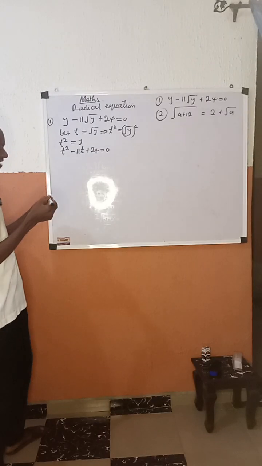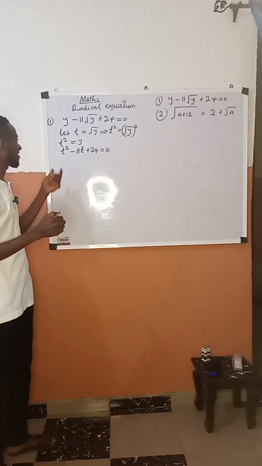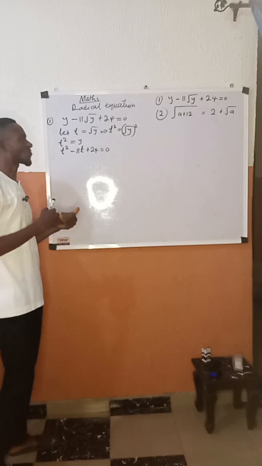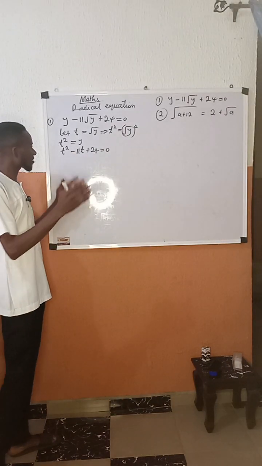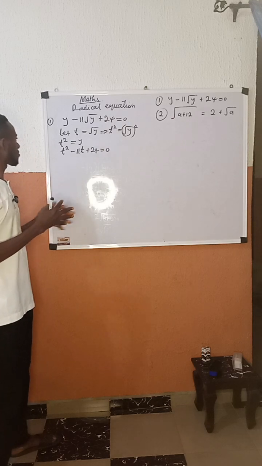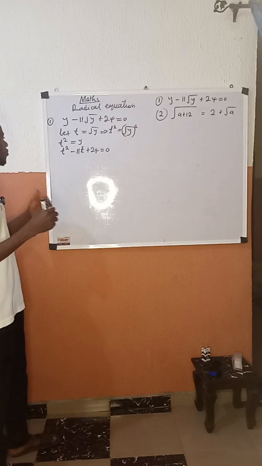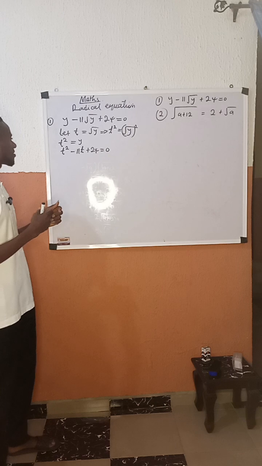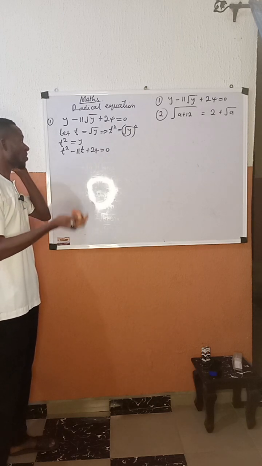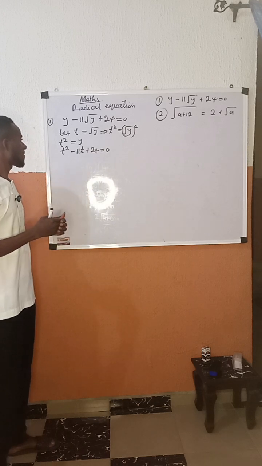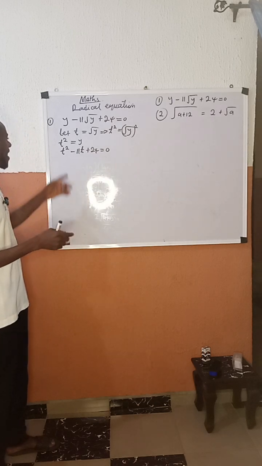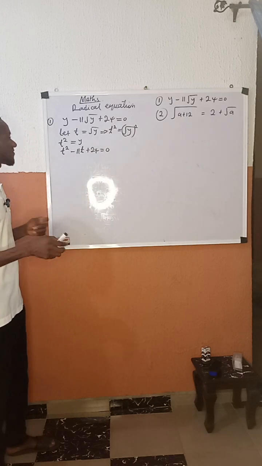By looking at what we have now, it is very clear that we are dealing with a quadratic equation. And by using the usual factorization method we know, we are going to look for two possible numbers to multiply together to get plus 24, but when we add the numbers together, we get minus 11.